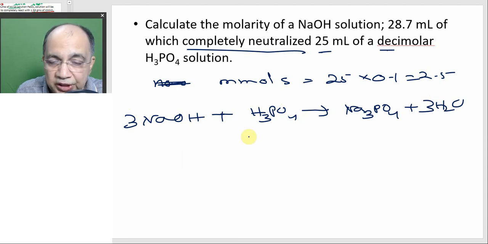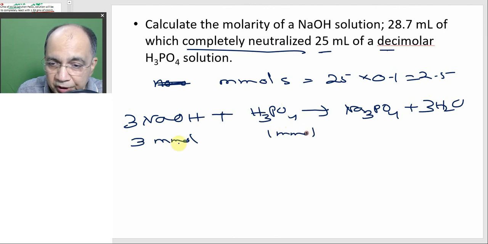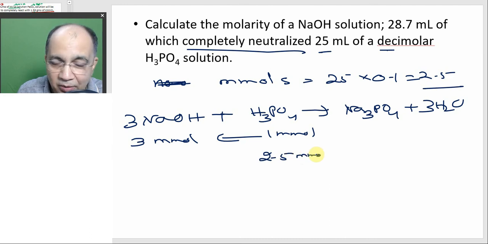This is balanced. So the mole ratio is 3:1, or 3 millimoles react with 1 millimole. So if 1 millimole reacts with 3 millimoles, the 2.5 millimoles that we have found from the volume and molarity data will consume 3 times, that is 7.5 millimoles of NaOH.